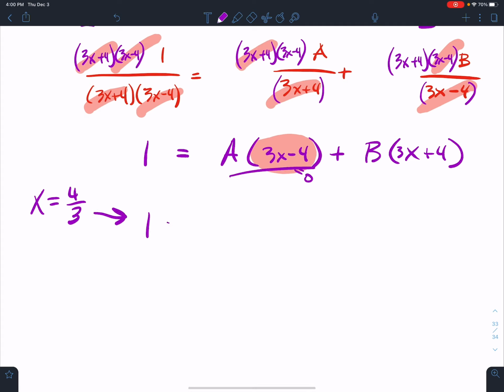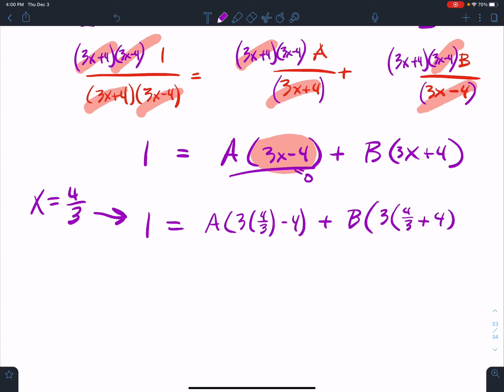So I get 1 equals A times 0, plus, the 3s cancel there, so that's 4 plus 4 is 8, so that's 8B. That tells me that B is equal to 1 over 8.